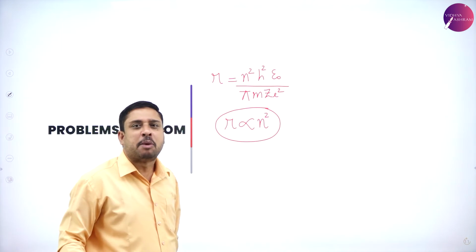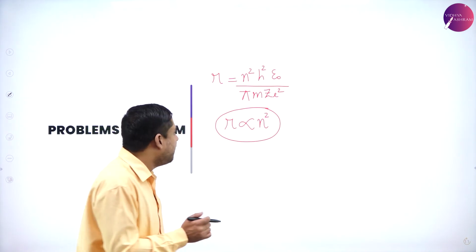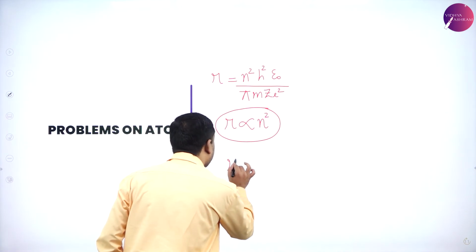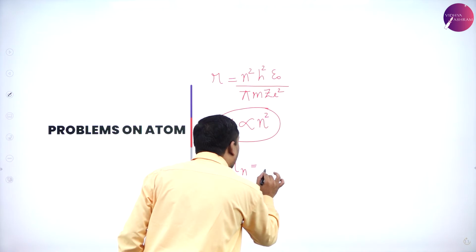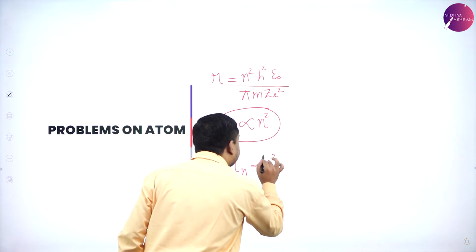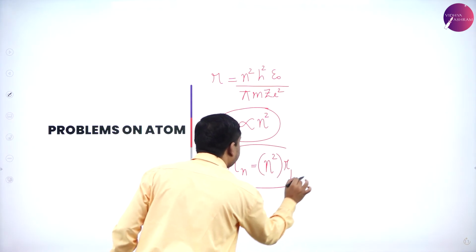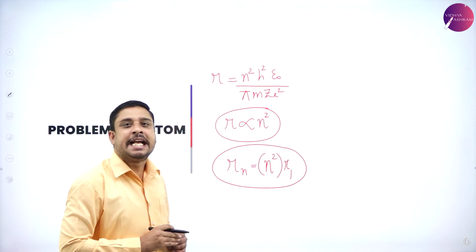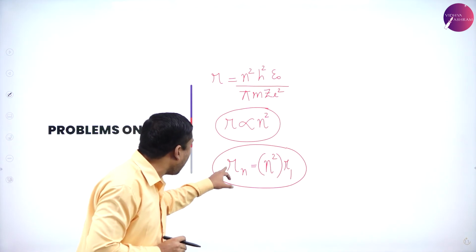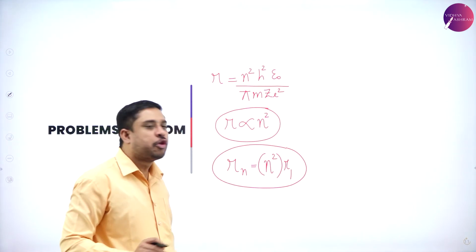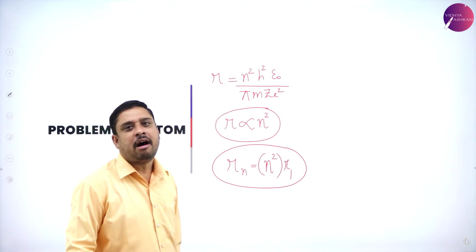So r is proportional to n square. Always remember, Rn is equal to n square R1. You can take this as a shortcut again. The radius of any nth orbit is n square R1.